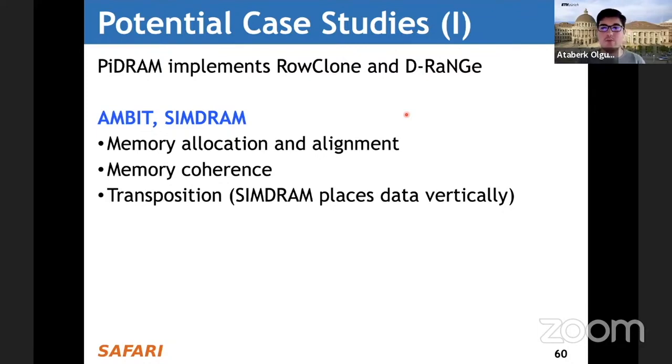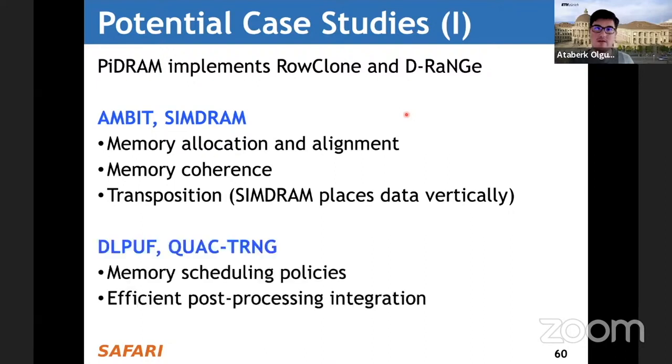We have to think about memory allocation and alignment for these mechanisms. We have to think about coherence again. And for SimDRAM specifically, we have to think about how to efficiently transpose data, because SimDRAM operates on a bit serial layout. It has to transpose data first before it writes it to DRAM and operates on it. That's another thing to think about.